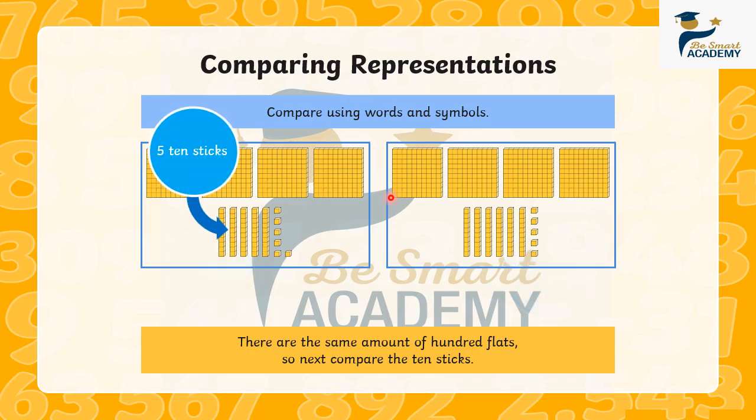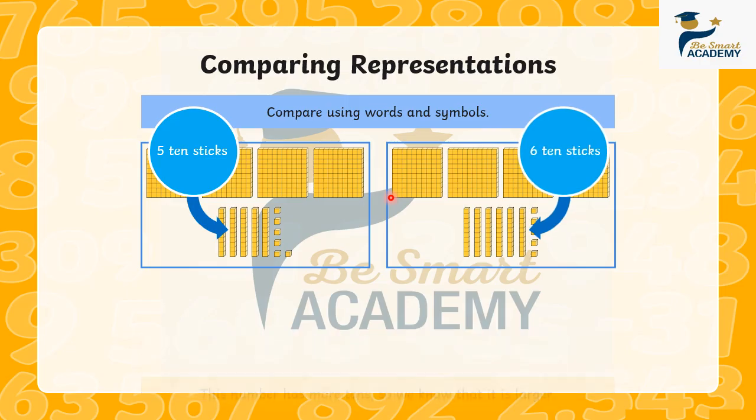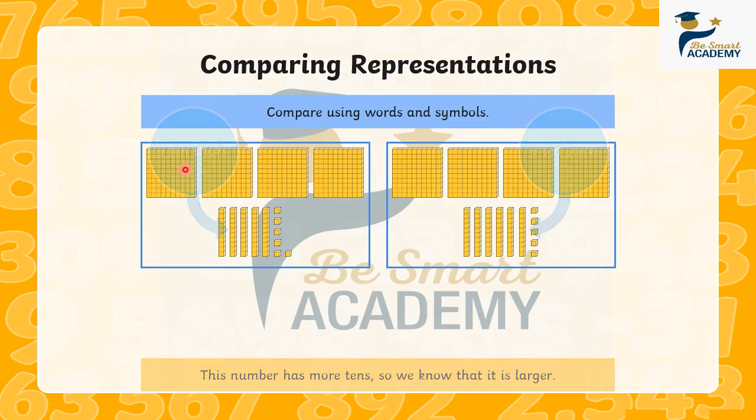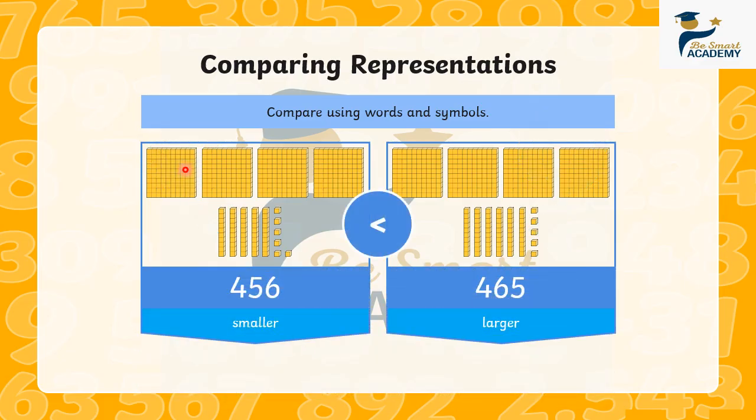I have 5 sticks here and I have 6 sticks there. So, what do I notice? I notice that the number that has more tens, 6, is larger. So what do I notice? 456 is smaller than 465.